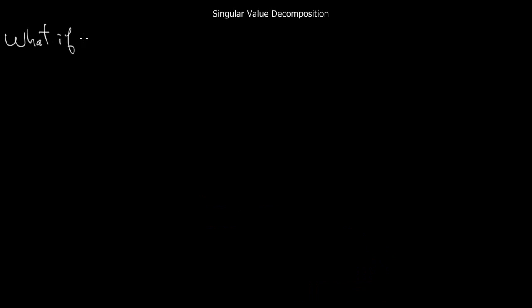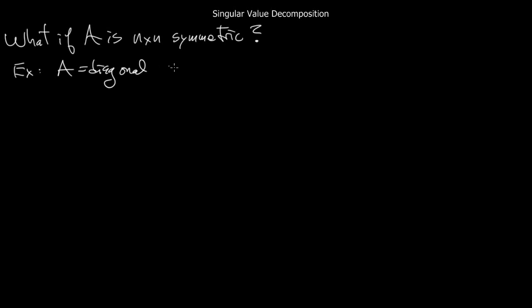All right, well, having warned you about that, I'm going to backtrack a little bit. What about if A was symmetric to start with? So let's take an n by n symmetric matrix. Maybe for these, the singular values and the eigenvalues are the same, or at least closely related. So, for example, what if A was diagonal? Suppose A was a diagonal matrix with A1 through AN on the diagonal.